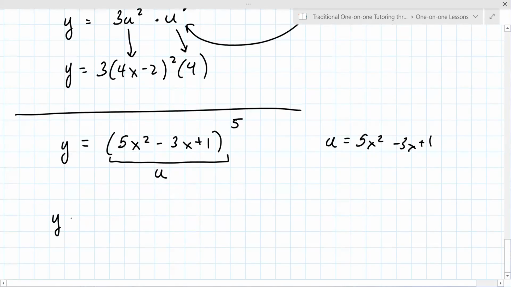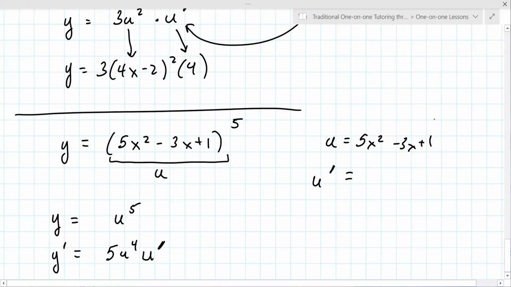So our original function can be written as u to the 5th. It's okay, we're doing lots of examples here. So the derivative is 5u to the 4th times u prime. So we need u prime. What is the derivative of this on the right?